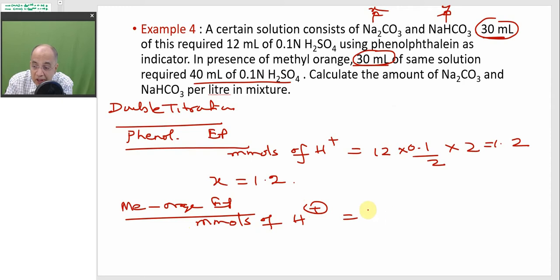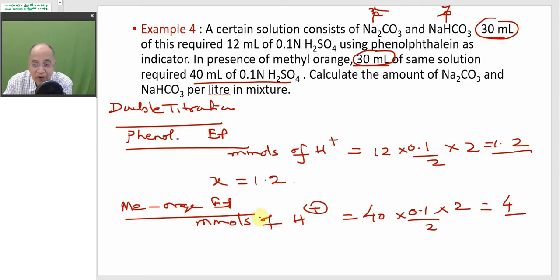So that is 30 into 40 into 0.1, and you convert it to molarity by 2, and the number of moles of H plus ion is into 2. So 2 get cancelled. It is 4 millimoles. This is 1.2. This is 4.